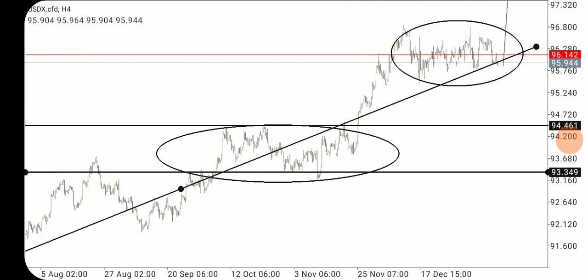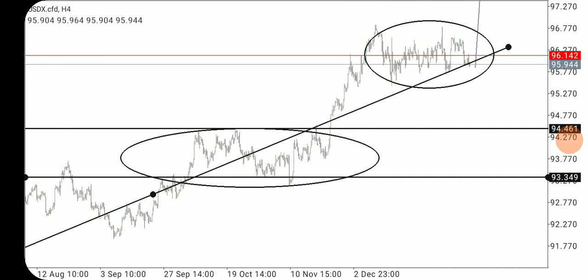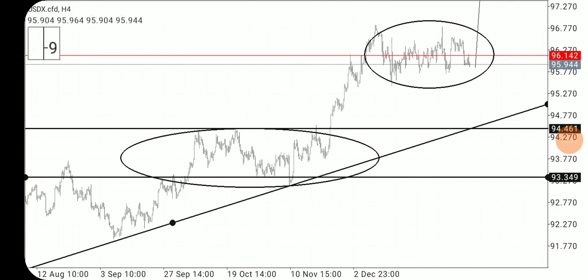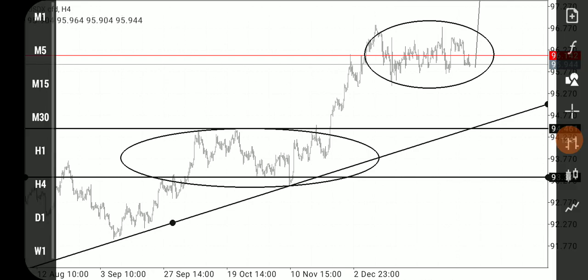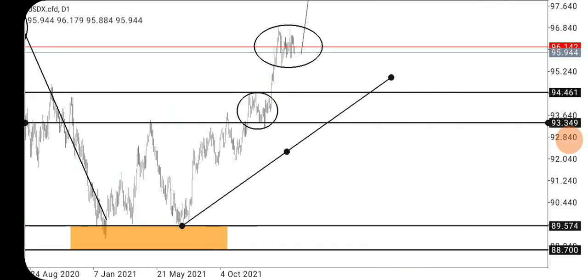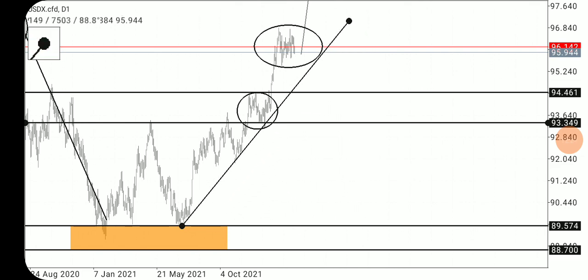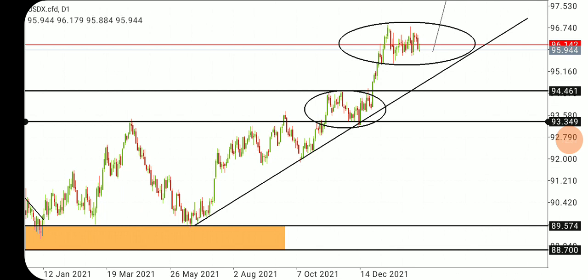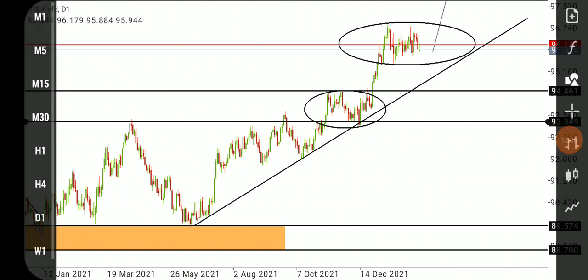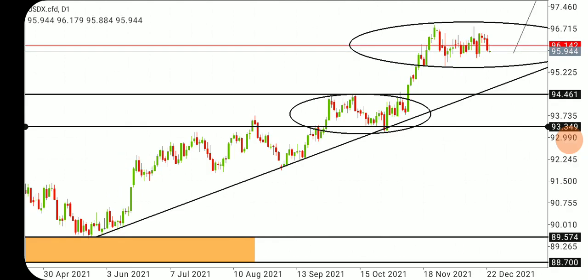Let me try to get this right. You see? Look how many times it bounced in this trend line.